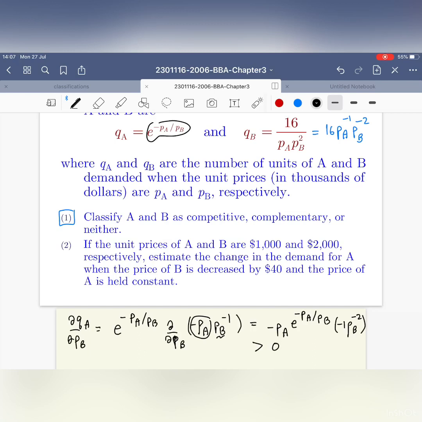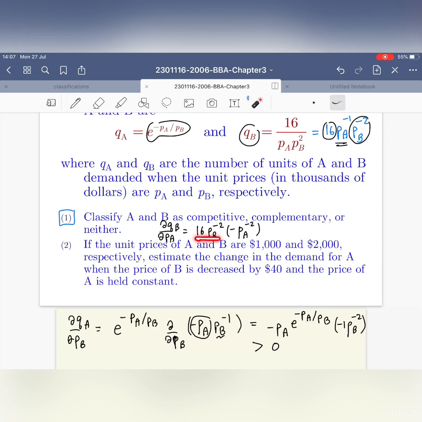How about the other one, your derivative of QB? So let me just write here with respect to another price A. It means that your 16 and your PB raised to the power negative 2. Okay, this one, they are constant. The only thing that you need to find a derivative of is PA raised to the power negative 1, which will give you negative 1 PA raised to the power negative 2.